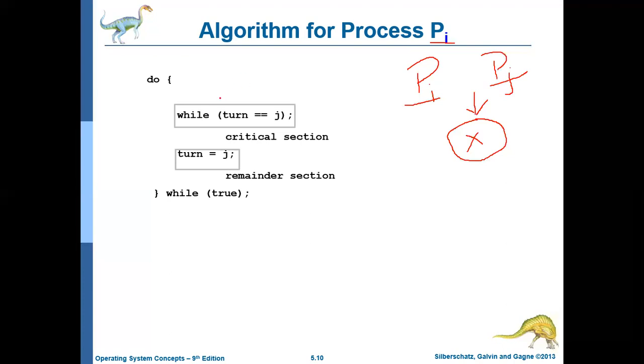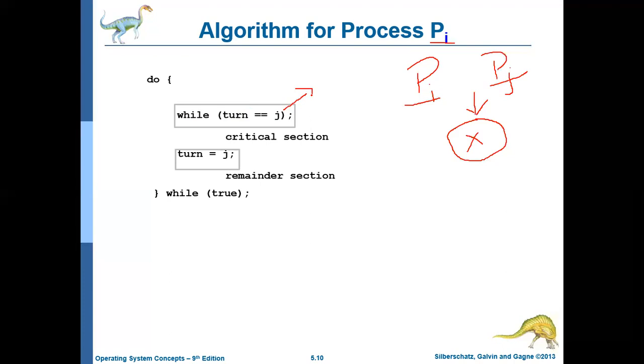Pi first checks whether it is the turn of j or not: while turn equal to j. So process i checks whether it is jth turn or not. If it is jth turn, then it keeps on waiting. It won't enter the critical section.